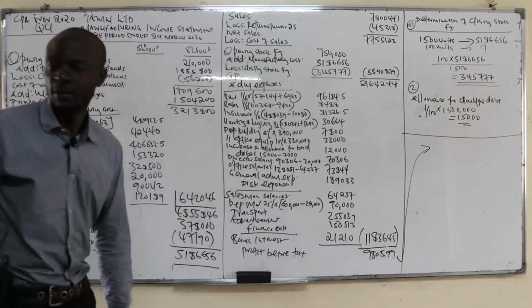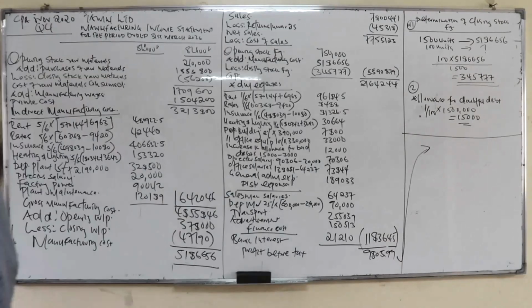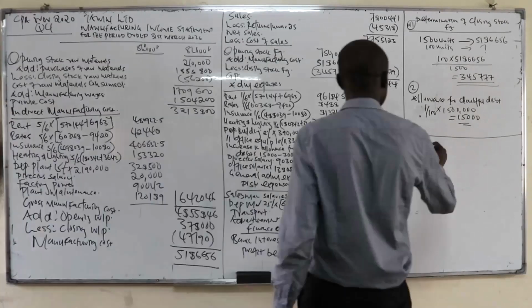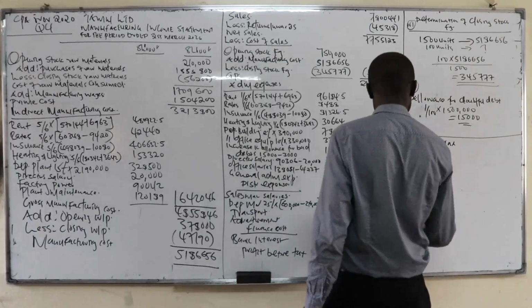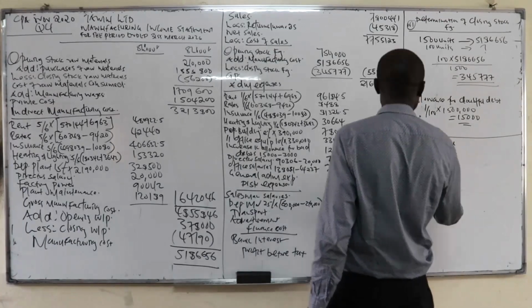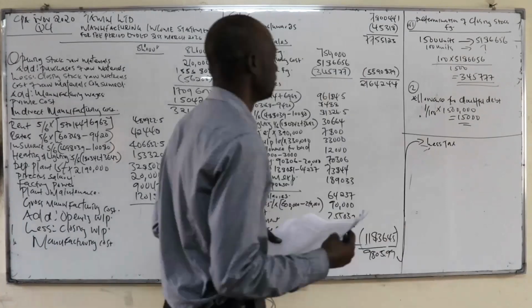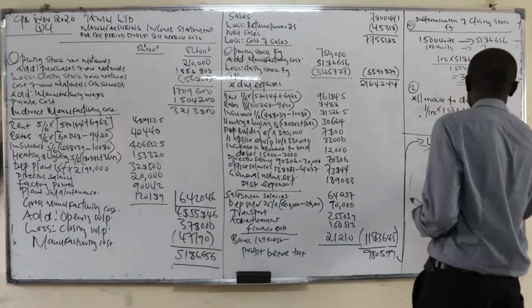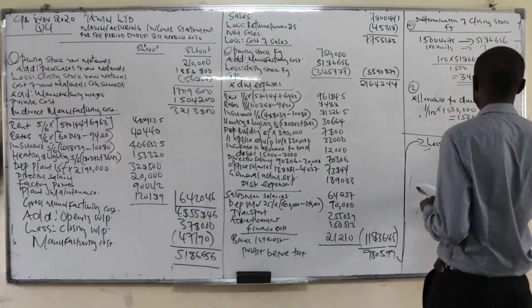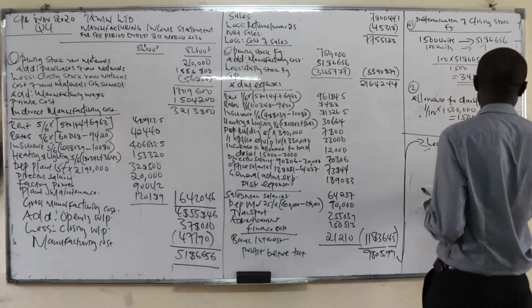Do we have tax? So less tax. Less tax, how much? 880,929,559, like that.